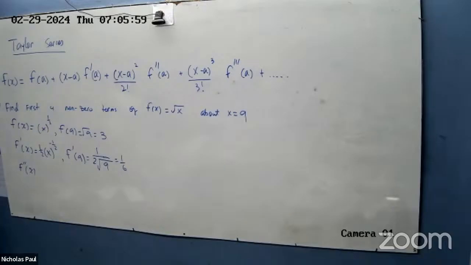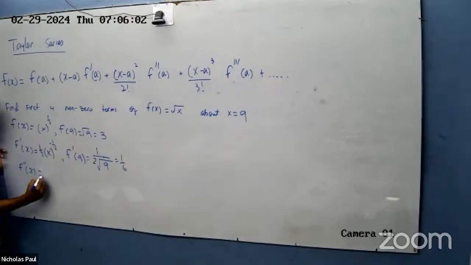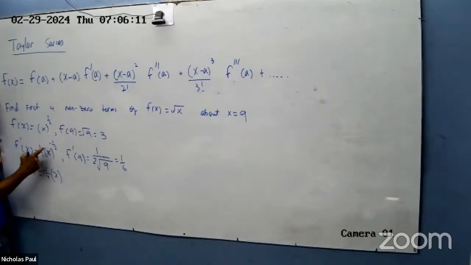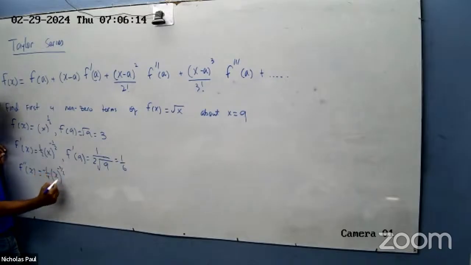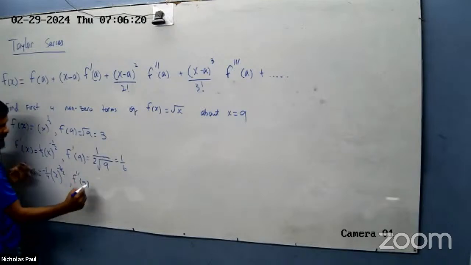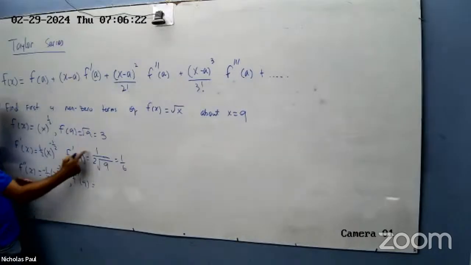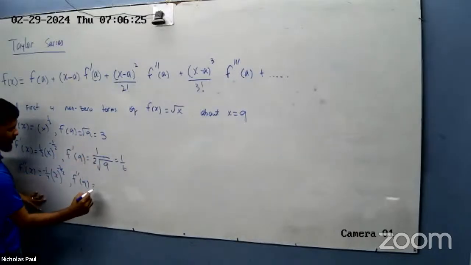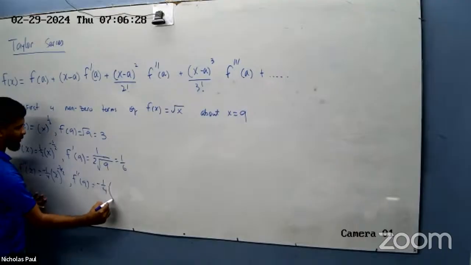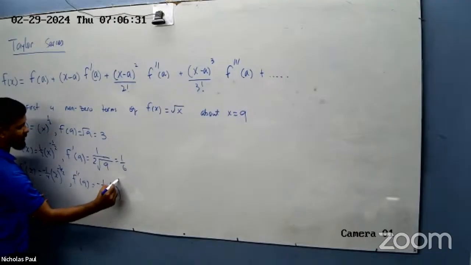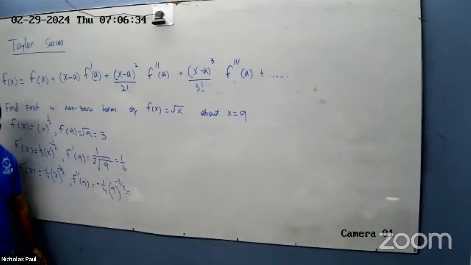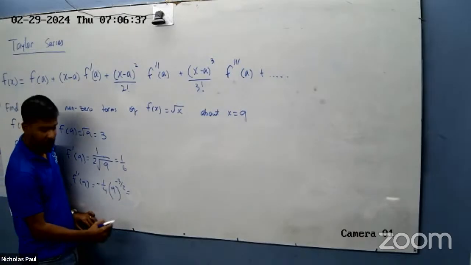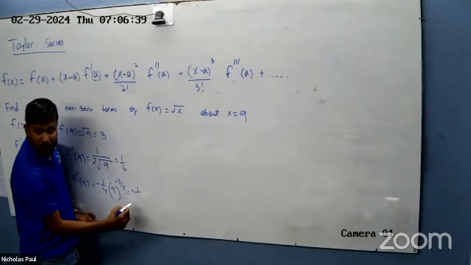What we got here now? Second prime is what? That'll be minus a quarter x to the minus 3 on 2, because a half by minus a half is minus a quarter. Now f double prime 9: you can just put it in the calculator. It will be minus a quarter by 9 to the minus 3 on 2. How much you got? Should be a nice fraction. 108.